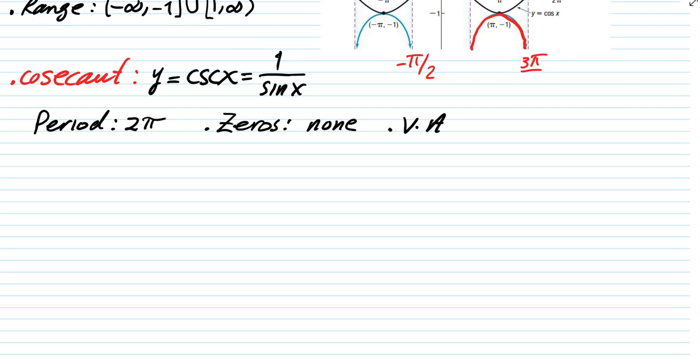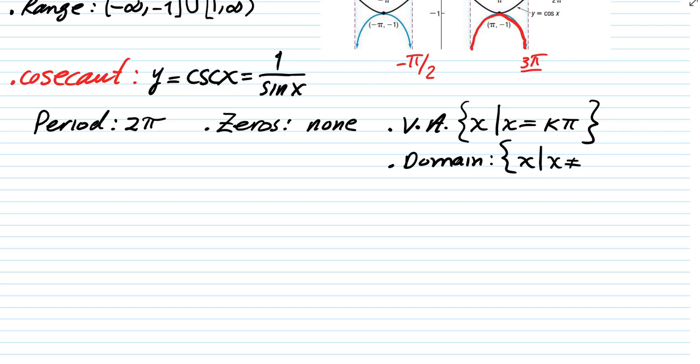What about vertical asymptotes? Vertical asymptotes are places where sine is 0, right? Denominator is 0. So that's going to be k pi. That's the vertical asymptote. And that in turn defines the domain of the function. The domain of the function is anything but the vertical asymptotes, right? Places where we have a vertical asymptote.